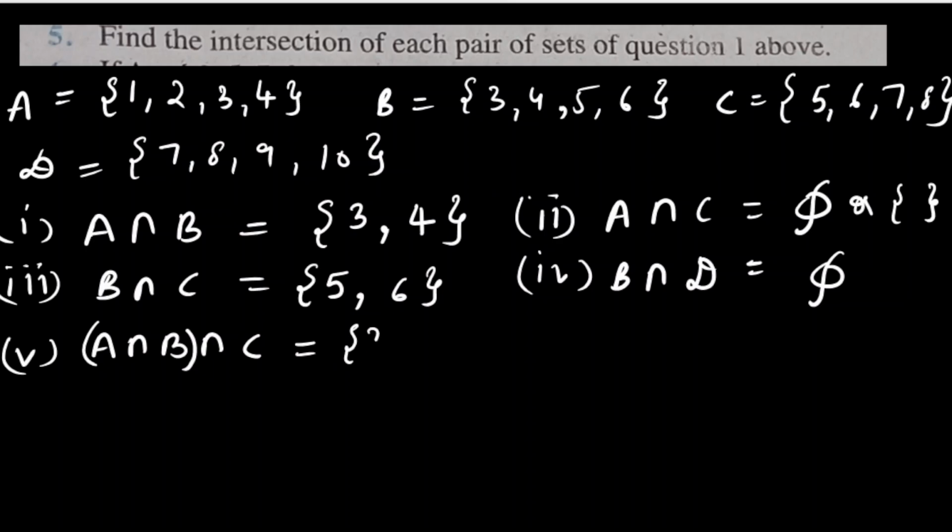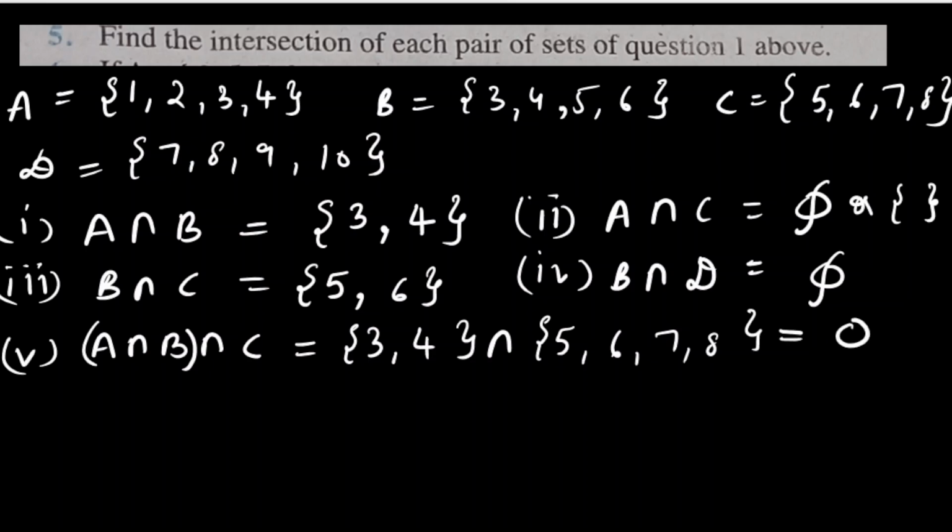I'll just rewrite it: it is 3, 4, and we have to do its intersection with C. Set C is 5, 6, 7, 8. Whatever is common we will write here. We can see nothing is common, nothing is in both sets. So this is also equal to the empty set. Now let's see what we have to find in the sixth part.